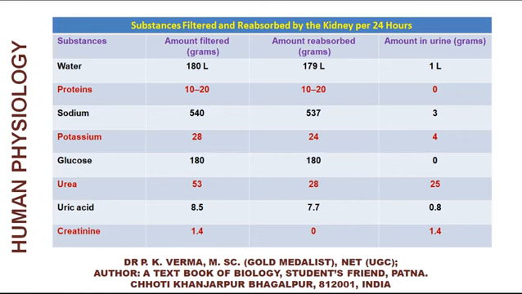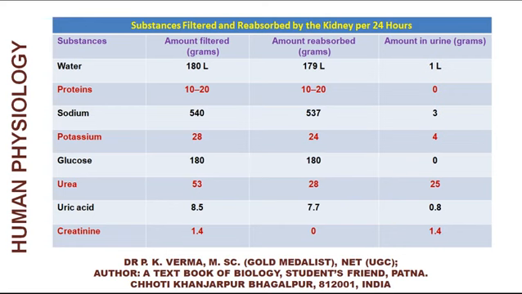Glucose, if it is present 180 gram per day, almost all is reabsorbed and urine does not contain glucose. In urea, almost 50% is reabsorbed and 50% excreted. Out of 53 gram urea, 25 gram is excreted.